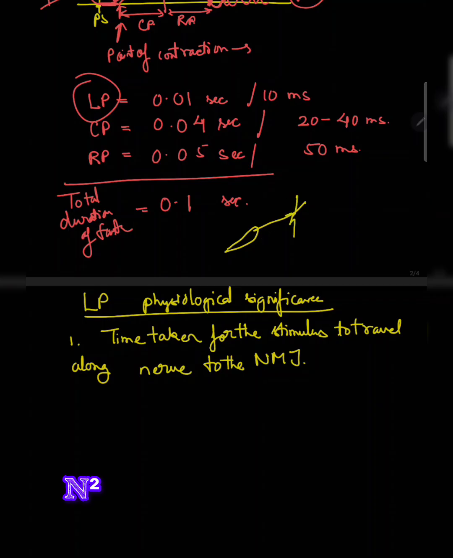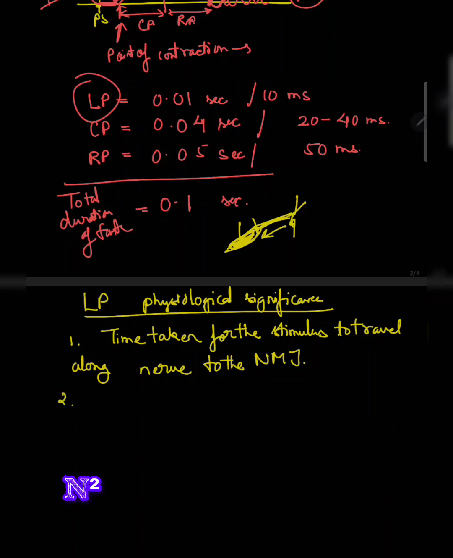If you are giving the stimulus in the nerve, the nerve takes some time to go from here to the neuromuscular junction, and the response is generated by the contraction of the muscle. Suppose this is the muscle and this is the nerve, you are giving stimulation over here, so it takes time. This is the time taken for traveling.